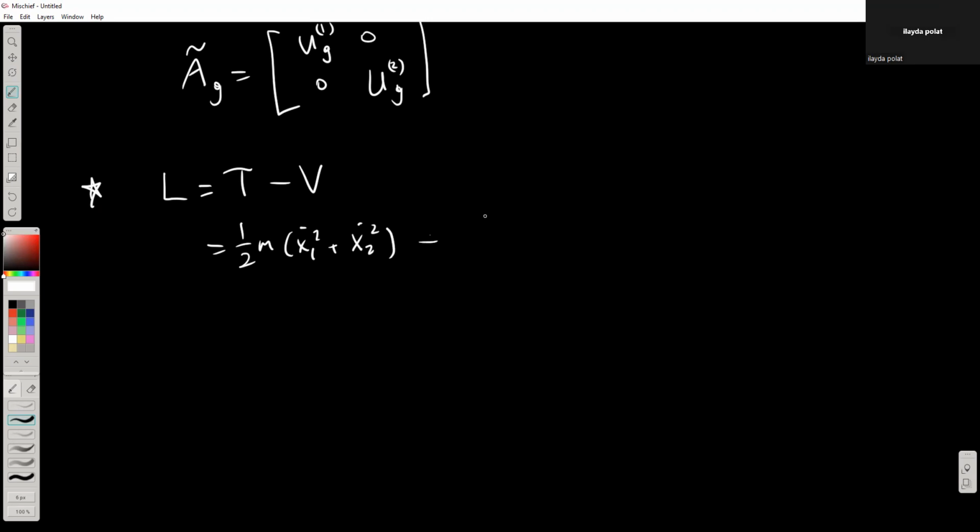And the potential energy, well, this part is complicated, but I can express it like that. It's actually a quadratic function of the positions. There's some complication here, in any case. There are some coefficients here, but i and j basically run from 1 to 2.